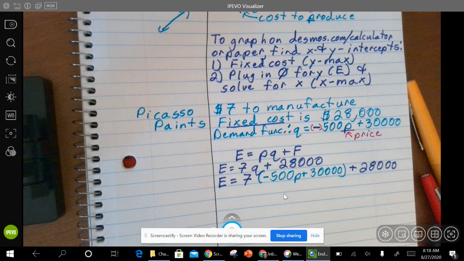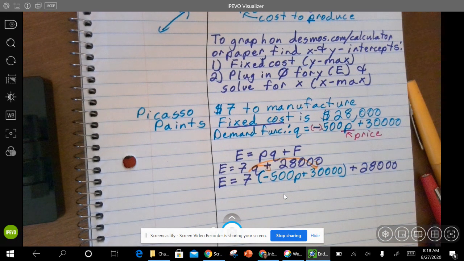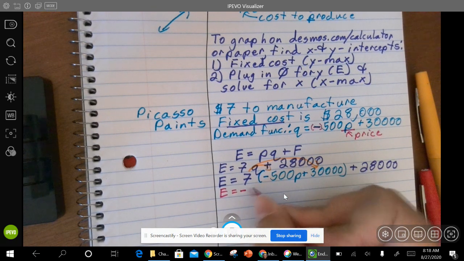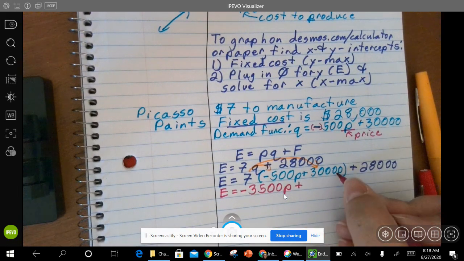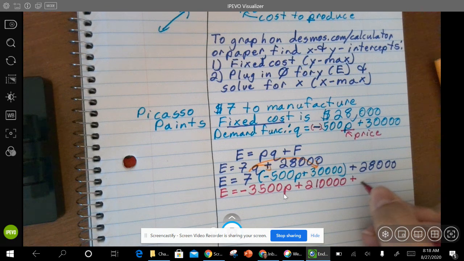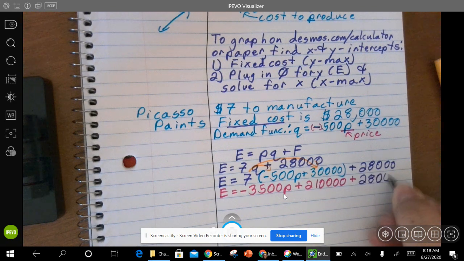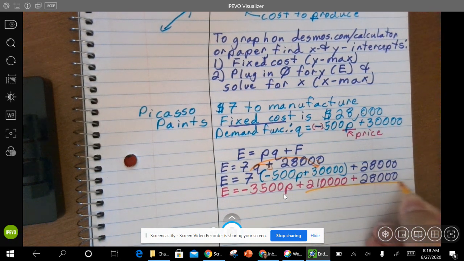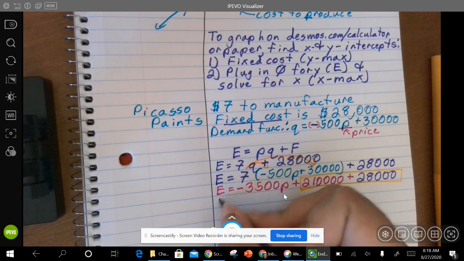Don't forget that. Then we have to use the distributive property, so we multiply it out. 7 times negative 500 gives us negative 3,500 times the price, plus 7 times 30,000, which gives us 210,000, plus our 28,000, which we just bring down. Now we combine like terms, adding the constants.